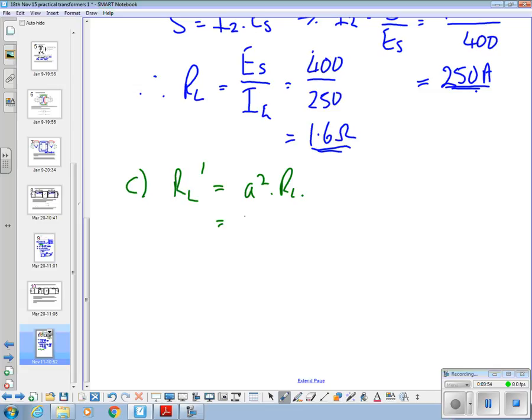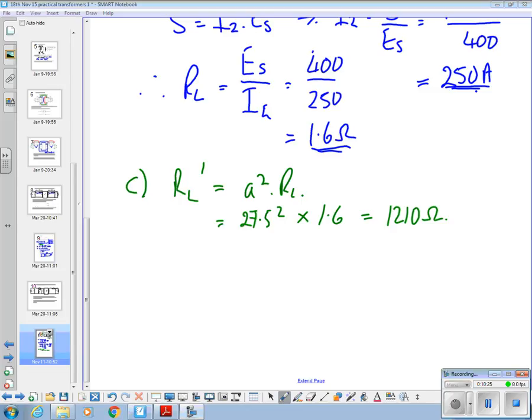Which is 27.5 squared times 1.6 equals 1210 ohms.